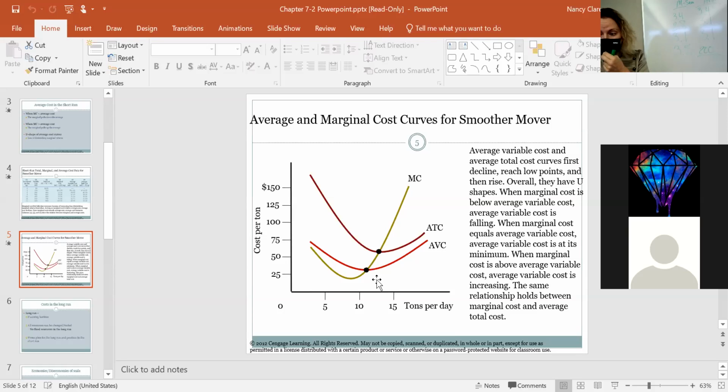It's intersecting through the very bottom of the curve. Right, the intersection happens at the lowest point on the AVC and the ATC.